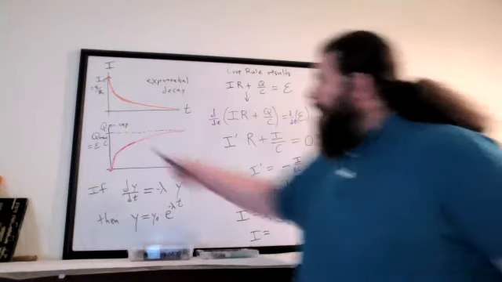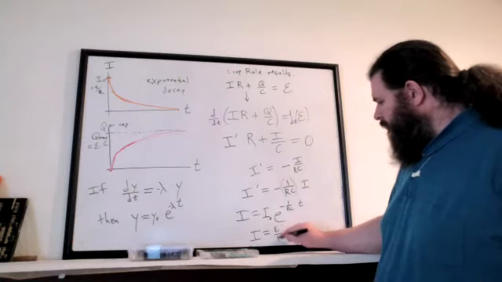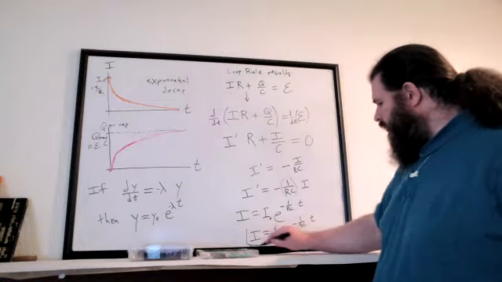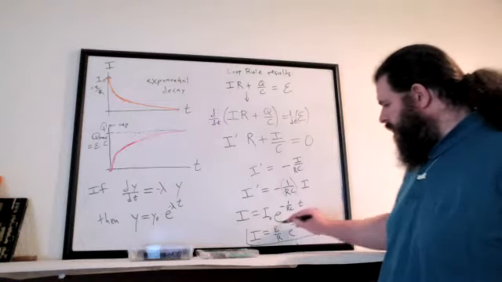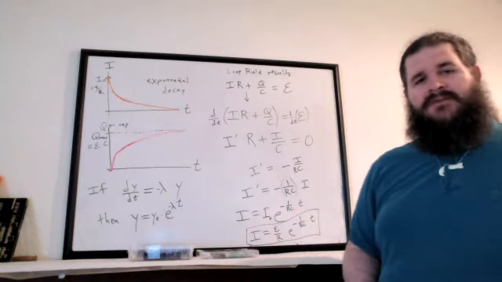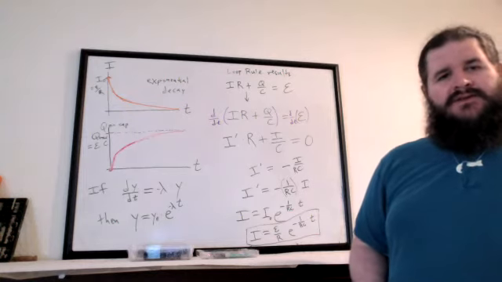Or we could even fill in the starting value of current we found, epsilon over R, times e to the negative 1 over RC, times t. So that is our formula for the current. We now have a formula describing the current at any time. Any questions on that so far?